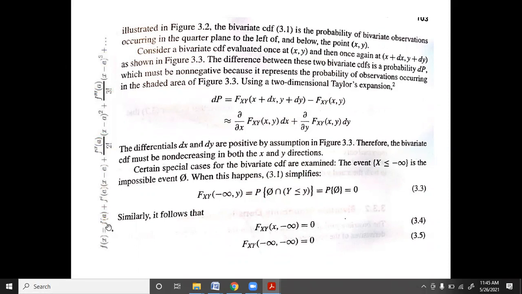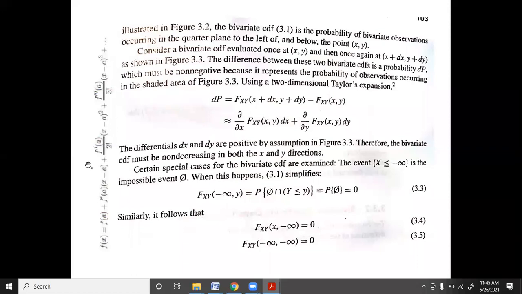That is f of x is equal to f of a plus f dash a times x minus a plus f double dash a by 2 factorial times x minus a squared plus f triple dash a by 3 factorial times x minus a cubed plus etc.